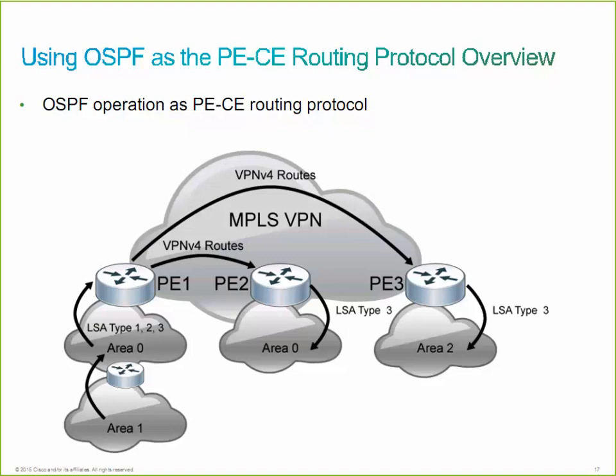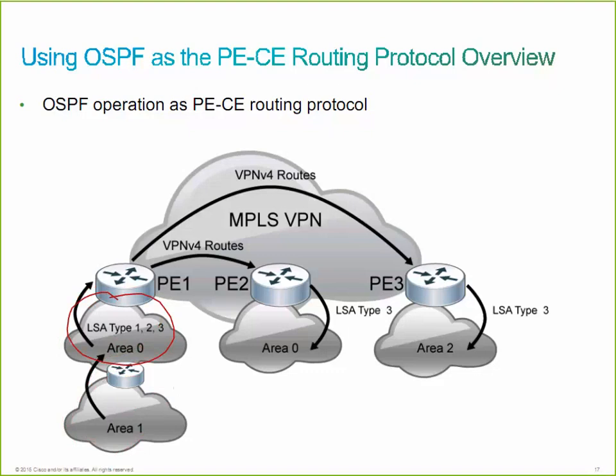We can kind of see that in this particular case. We've got area 0 connected here. We've got type 1s, type 2s, type 3s because we've got area 1 here. So on this ABR we're going to see type 3s coming back and forth. Type 1s and 2s would exist inside this area. Remember, type 1 LSAs are generated by every single OSPF router. Type 2 LSAs are generated by DRs and BDRs.